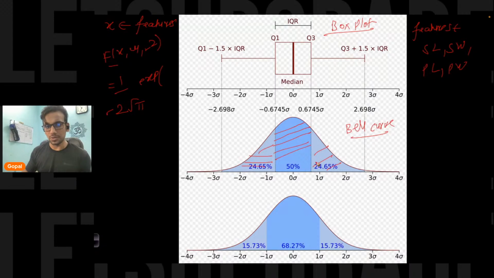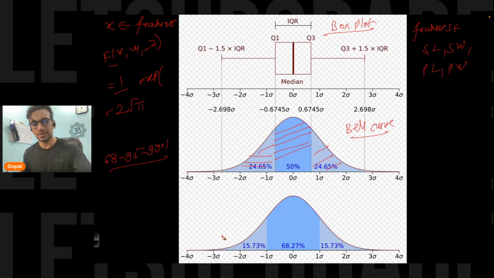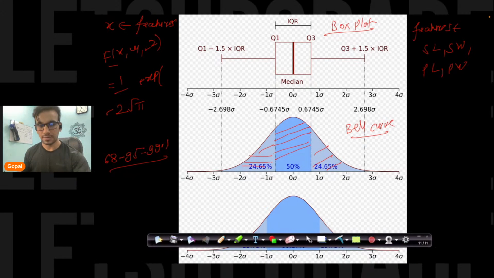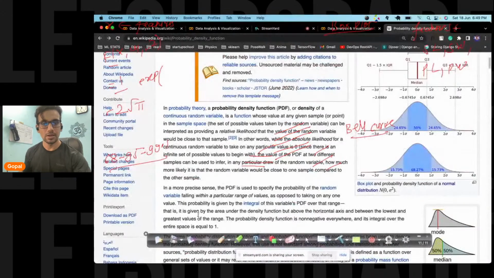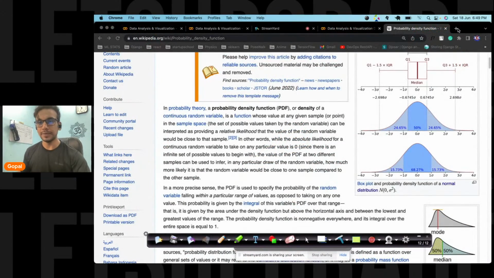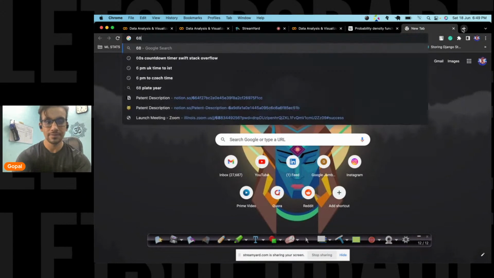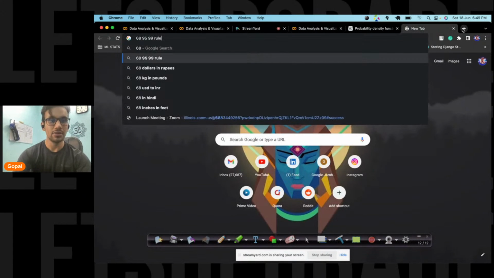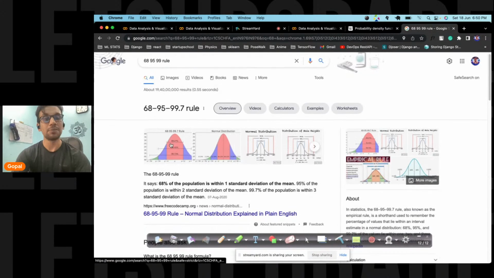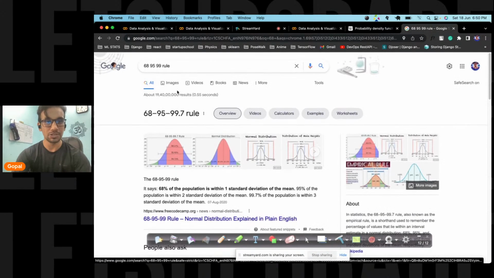Your bell curve follows a rule called 68, 95, 99.7. You might ask me how exactly it is useful. Sorry, not 99.1, but 99.7.